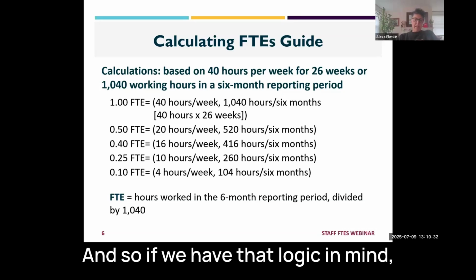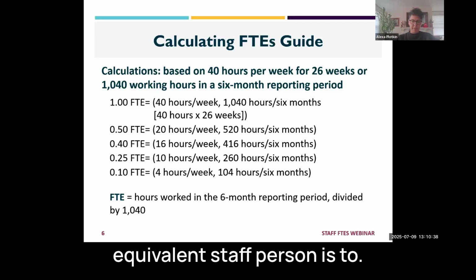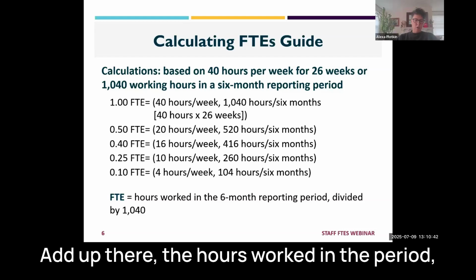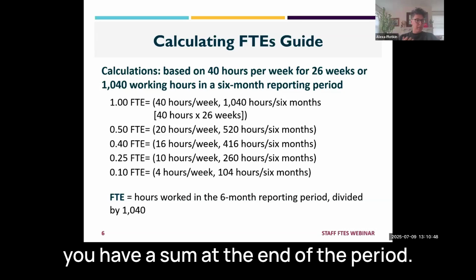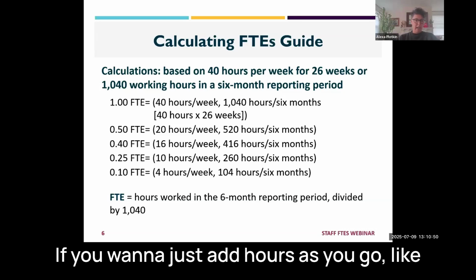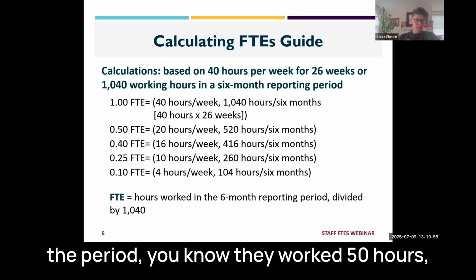And so if we have that logic in mind, the way we calculate a full-time equivalent staff person is to add up the hours worked in the period, and you can do this by keeping track, and you have a sum at the end of the period if you want to just add hours as you go. Like say you have a consultant and at the end of the period they worked 50 hours.